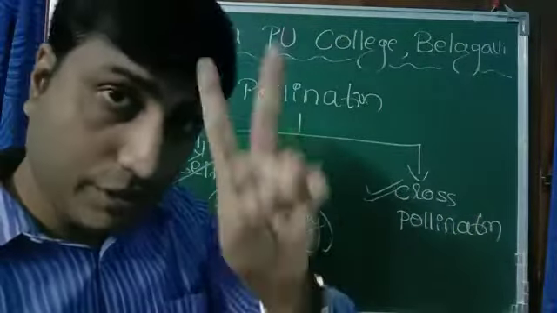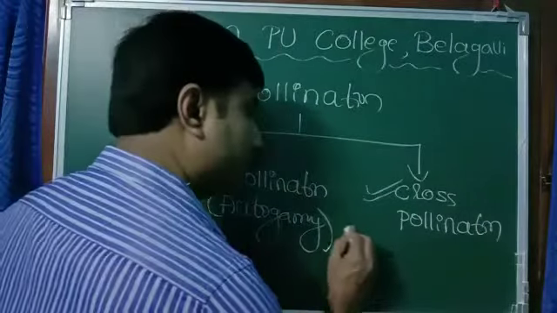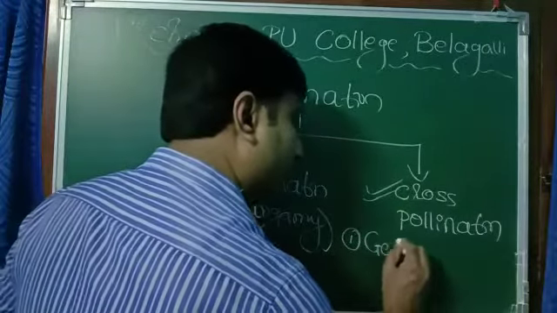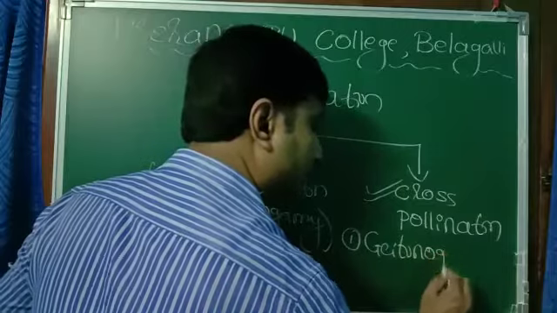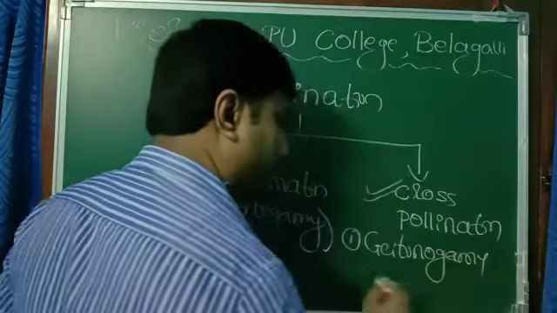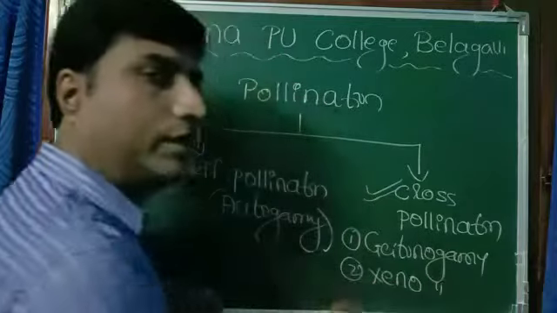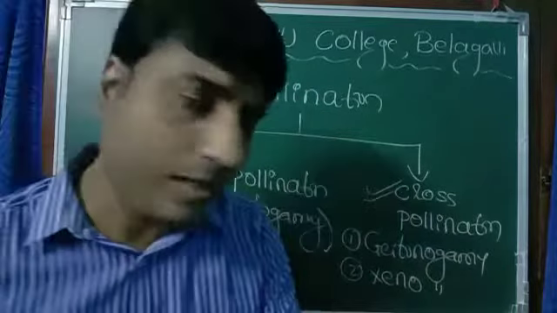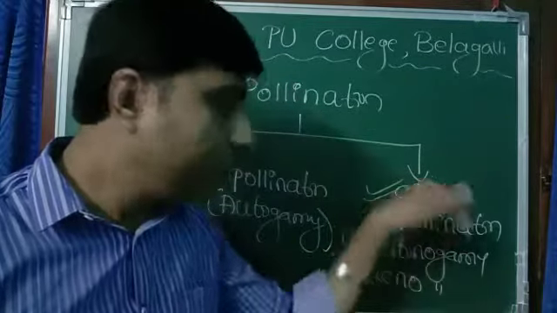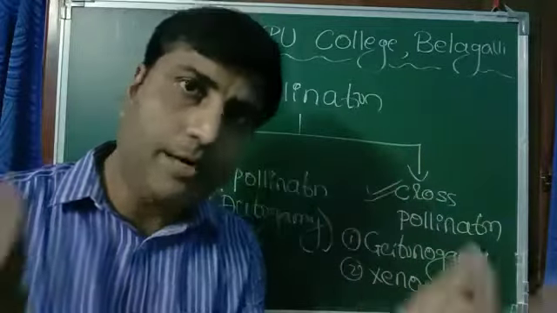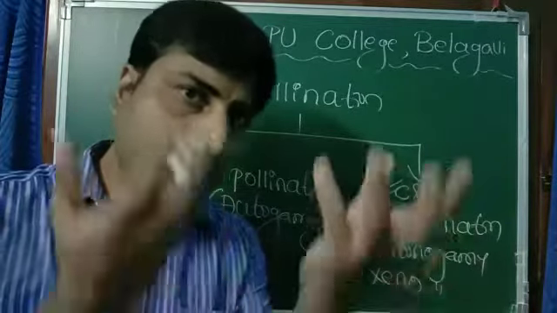Again, in cross-pollination there are two types: geitonogamy and xenogamy. Both of them are cross-pollination. The flowers are different. Cross-pollination means the flowers must be different.